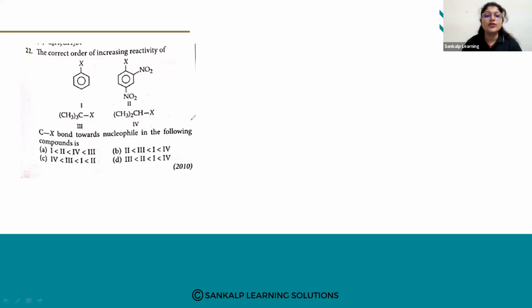You have to tell the order of increasing reactivity of the C-X bond. Option A, Komal is saying option A. What about others?